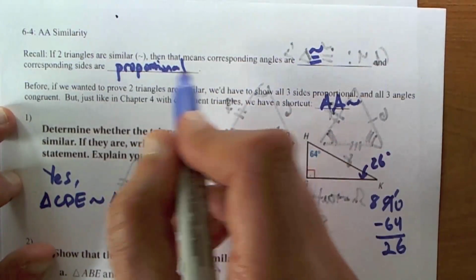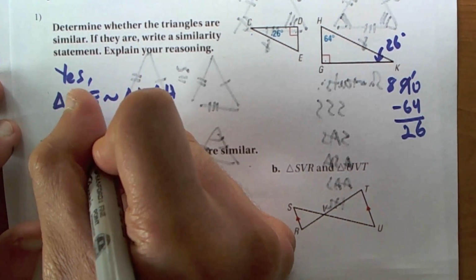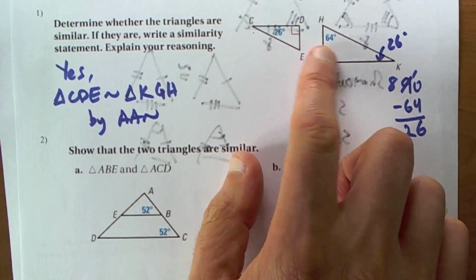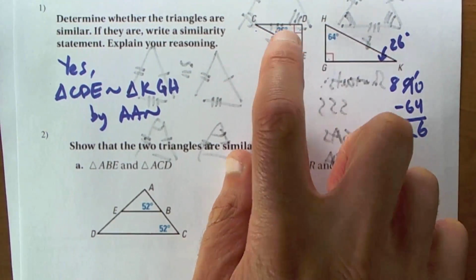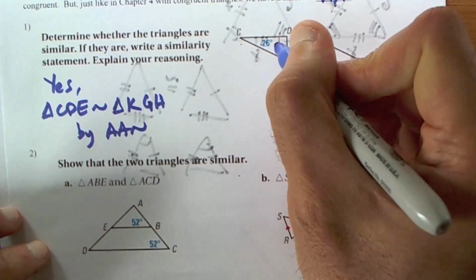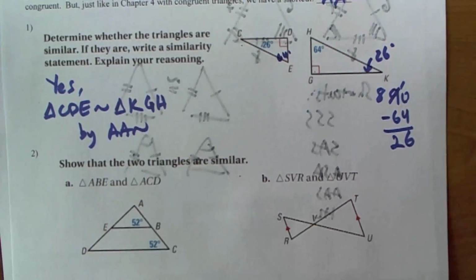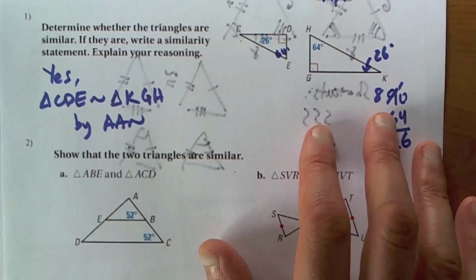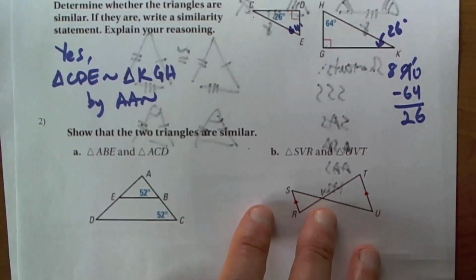Even if I didn't have all the sides proportional, because by AA similarity, as long as you've got two angles congruent, then the third angle, of course, has to be congruent by the third angles theorem. This would be 64 degrees. We could do that as well. So if all the angles are congruent, it has to be the same shape, and therefore it's similar.